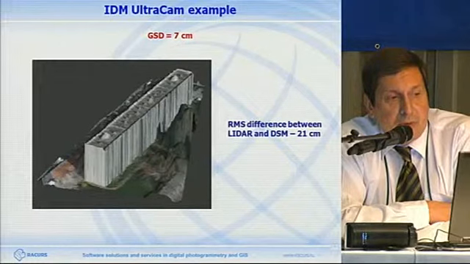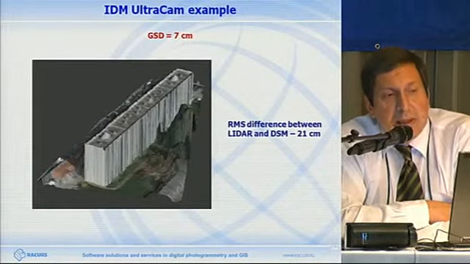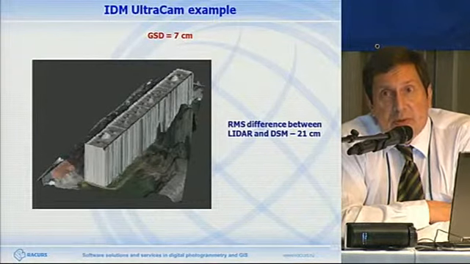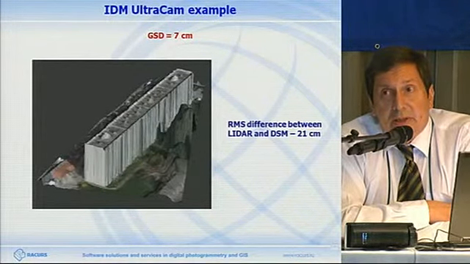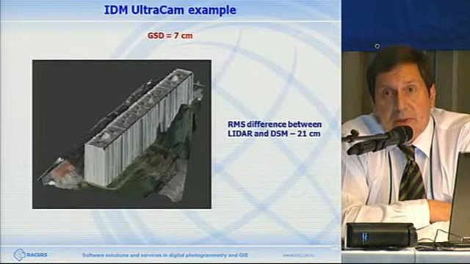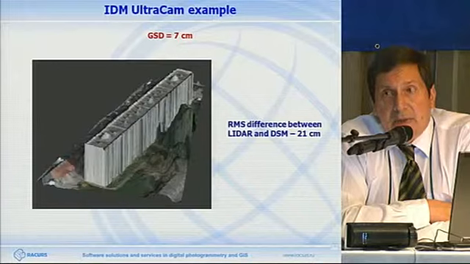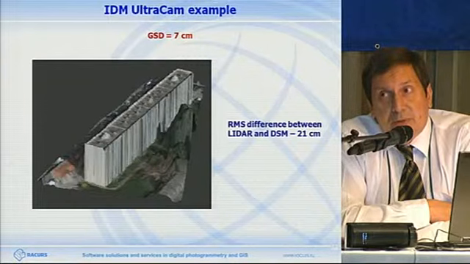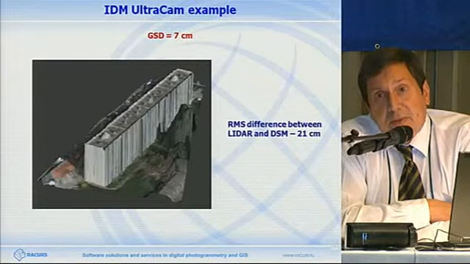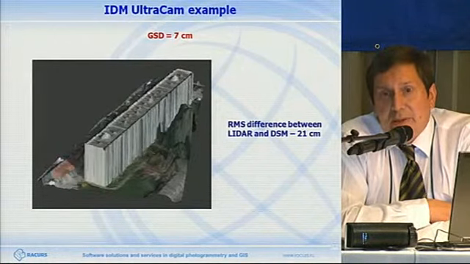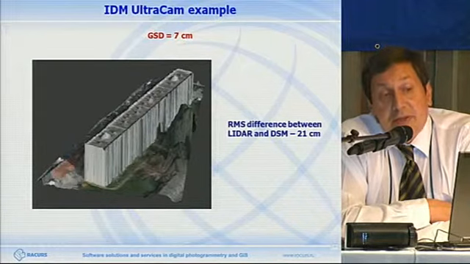This is a different example involving the UltraCam camera. For this project we had laser points, and we could see to what extent our surface matches the laser points. But there was a problem that the laser points had been pre-processed, and vegetation and trees were not included, but our version had the trees, so we had to filter out laser points with a 2-meter difference.